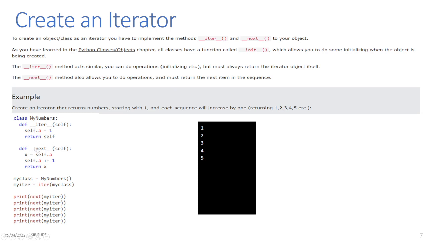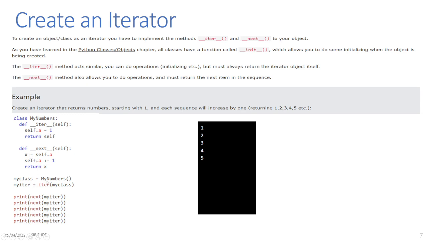Then in the __next__ method, x is equal to self.a. Then we are adding 1 to self.a, and return x.